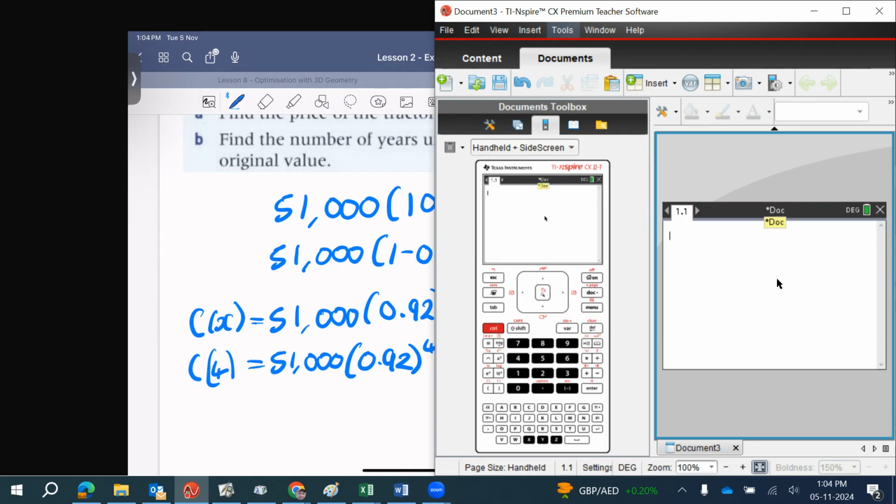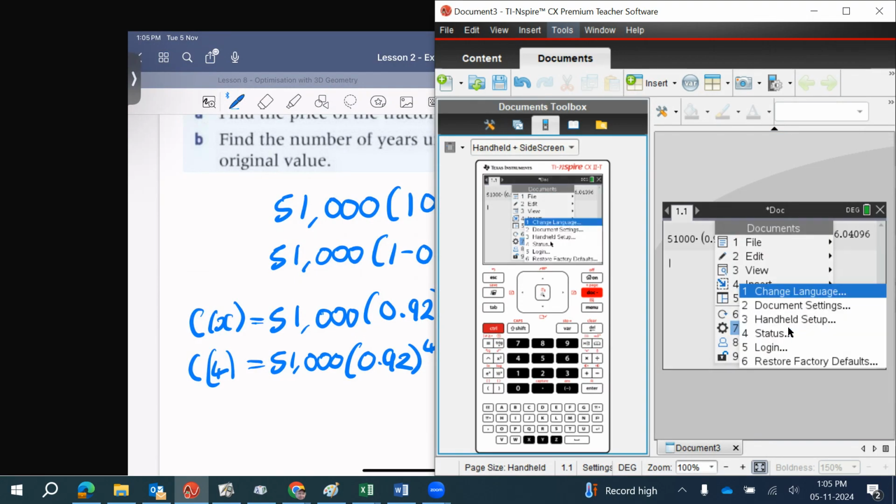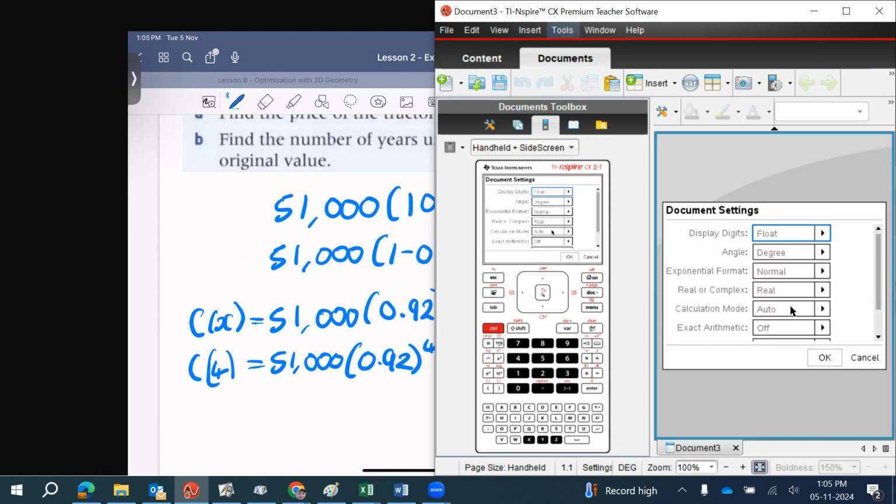If we pop this into our calculator, we want 51,000 multiplied by 0.92 to the power of 4. When you're doing currency, it should always be 2 decimal places. Typically we answer everything in 3 significant figures or exact, but for currency, 2 decimal places is the standard. So on your calculator, put it into fixed 2.